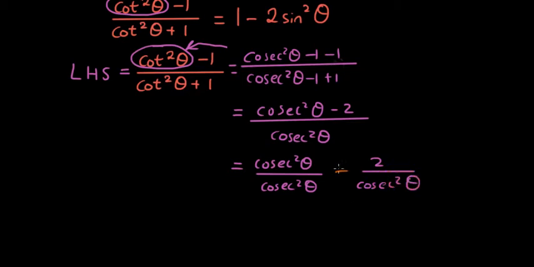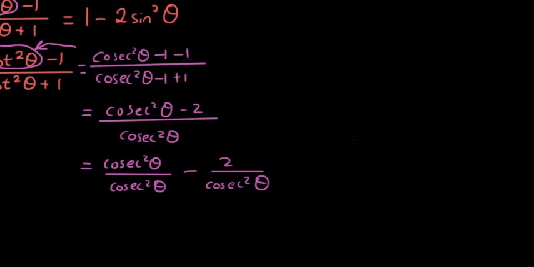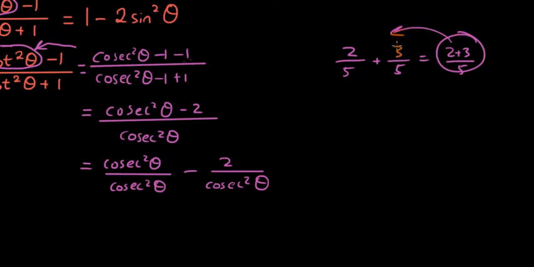If you have forgotten why you can do that, it's similar to normal addition with fractions. For example, 2 over 5 plus 3 over 5 gives 5 over 5, which is 2 plus 3 over 5. So we've just gone from this back into this, separating a fraction into two fractions. That's what we did here.